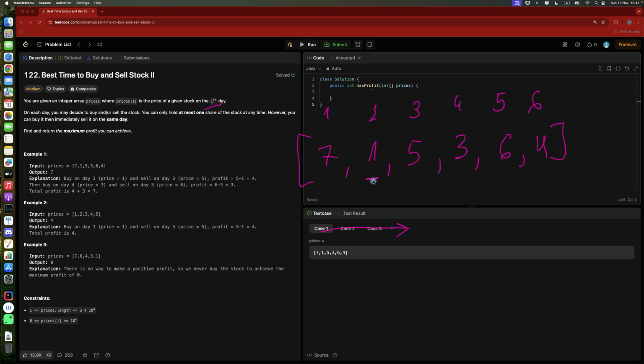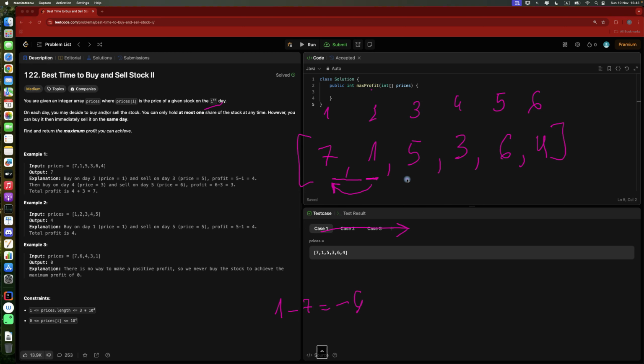What this means is when I'm at 1, I want to check the previous element and see, 1 minus 7 is minus 6. It's not a good idea to buy here, right?